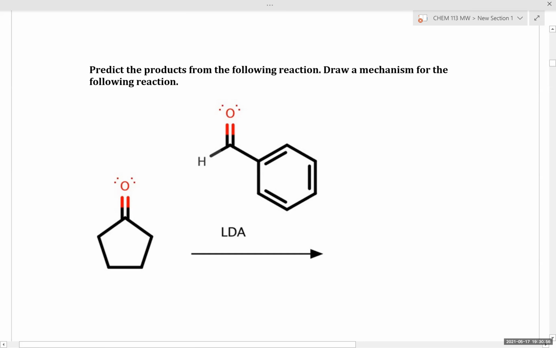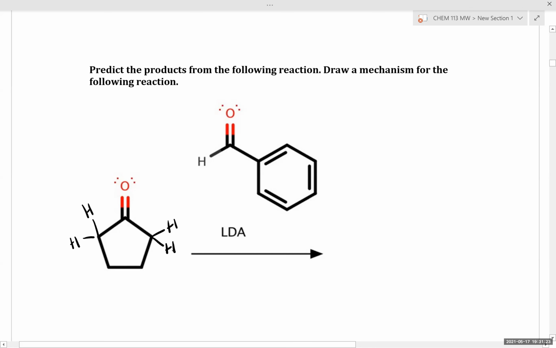And one useful trick that's applied in the aldol reaction is that we use an electrophilic ketone or aldehyde that lacks acidic alpha protons. So as we notice, only this ketone has available acidic alpha hydrogens.